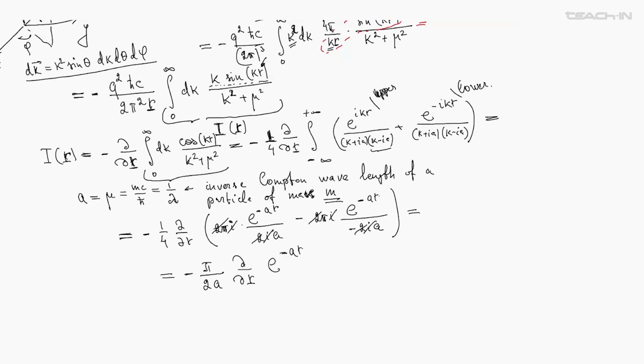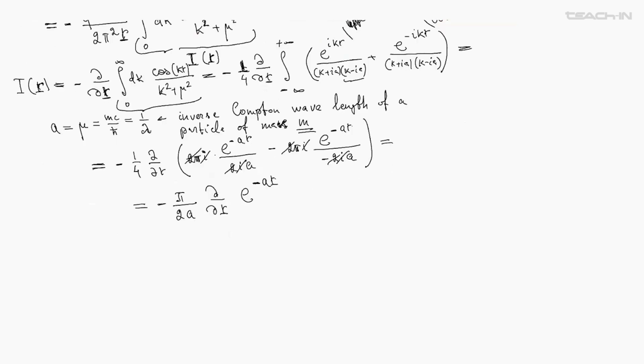You can differentiate, and so what you get here is minus pi divided by 2A. Well, minus A gets out, exponential minus AR, and so A's cancel, minus cancels, so pi over 2 exponential minus AR.